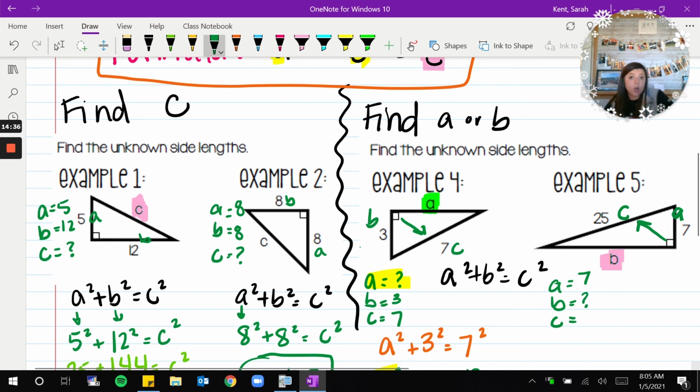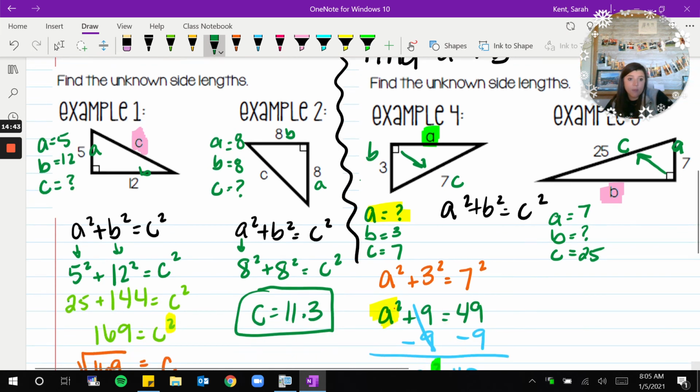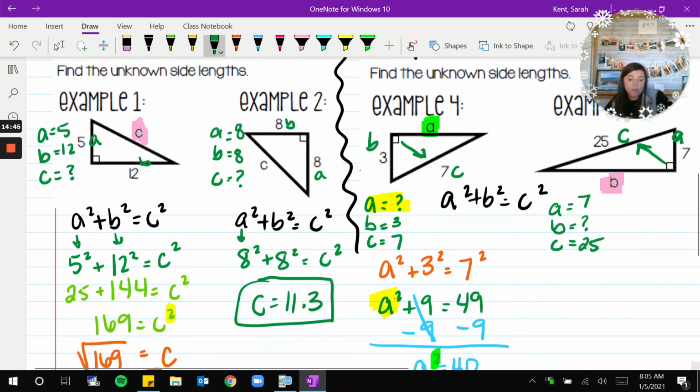And C, across from my right angle, is 25. Using this same formula of A squared plus B squared equals C squared, I'm going to plug in what I know. A is 7 squared plus B, there's a question mark there, so I don't know what B is, equals C squared, so C is 25 squared.